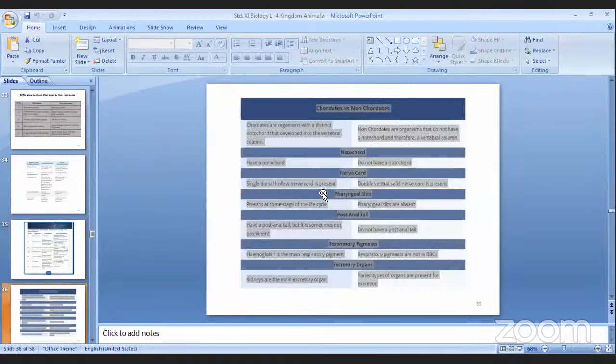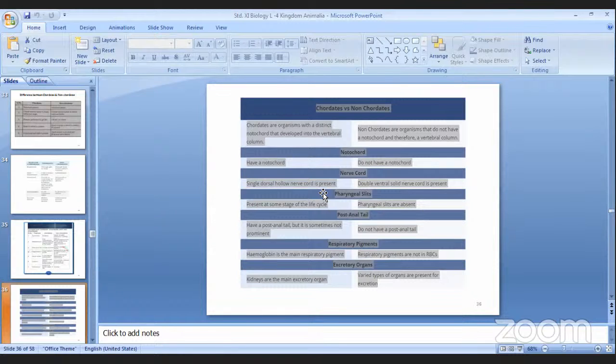Next, now here the overall view is given between the chordates and the non-chordates. Chordates are organisms with a distinct notochord that develops into the vertebral column, whereas non-chordates are organisms that do not have a notochord and therefore no vertebral column.